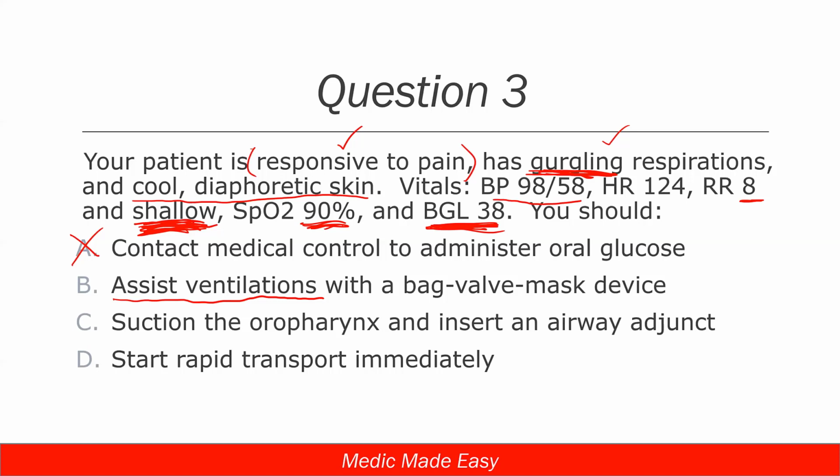And nausea and vomiting is a common side effect, complication, or symptom that shows up with the hypo and hyperglycemia emergencies. So for gurgling respirations, I really like suction the oropharynx, and I was already concerned about their ability to protect their own airway, so inserting an airway adjunct, I really like C as well.